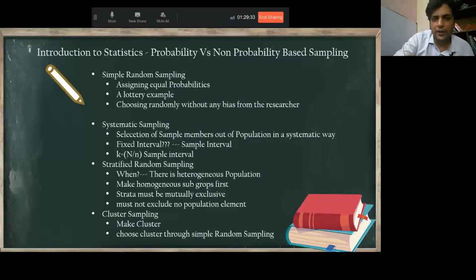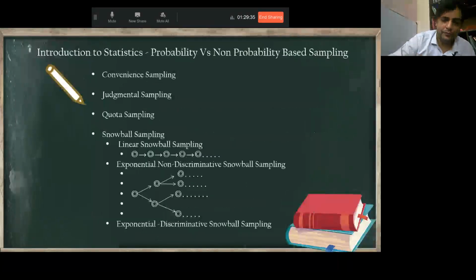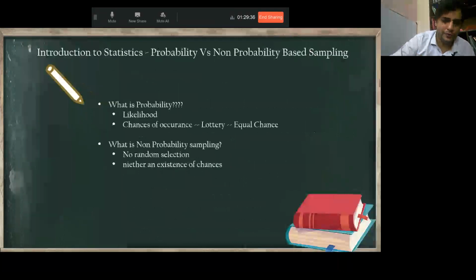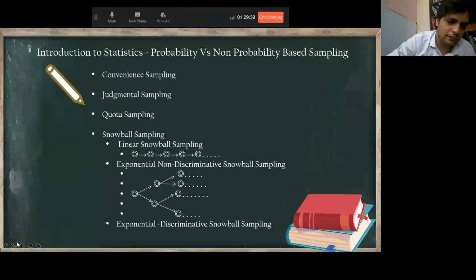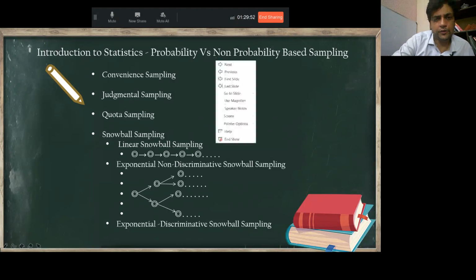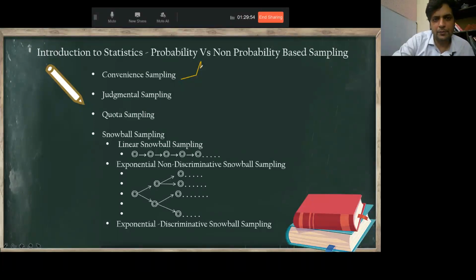Now, in non-probability sampling, there are different methods, right? Convenience sampling, judgmental sampling, quota sampling, snowball sampling. Whenever in future you conduct any survey or primary data collection, you can choose these, depending on what you want.